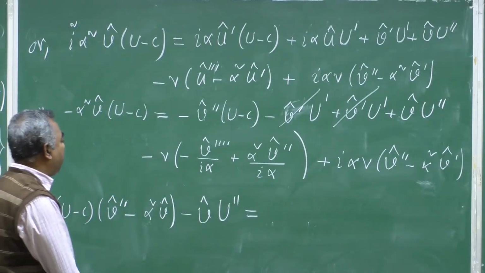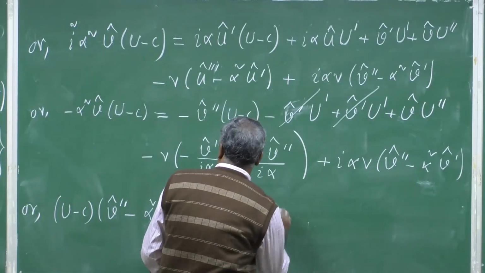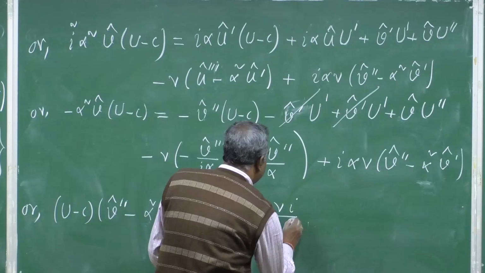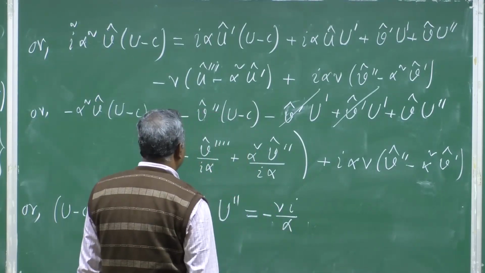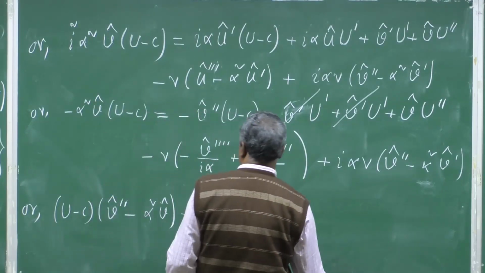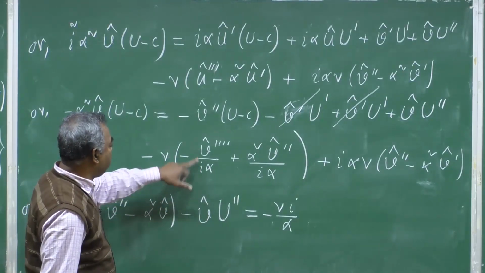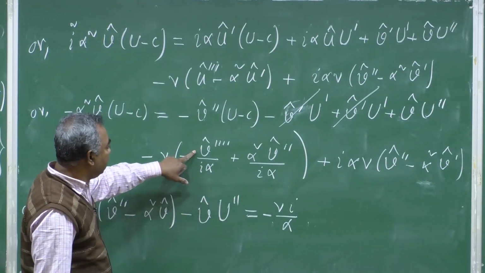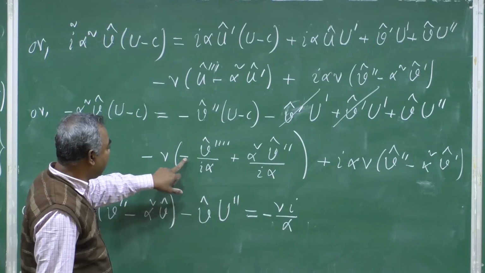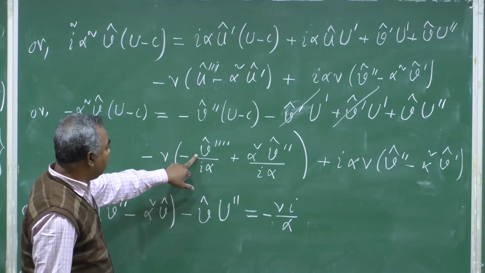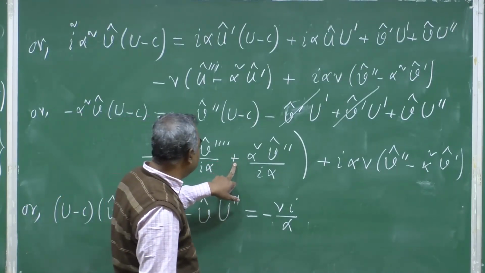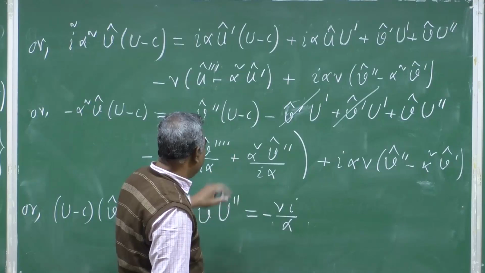Right hand side, we are there. So, right hand side ν i by α. If you do that, I can multiply by α in both these sides. So, this is basically i squared, minus 1, minus will cancel. So, i will be there, here also i will be there, so minus will be there.